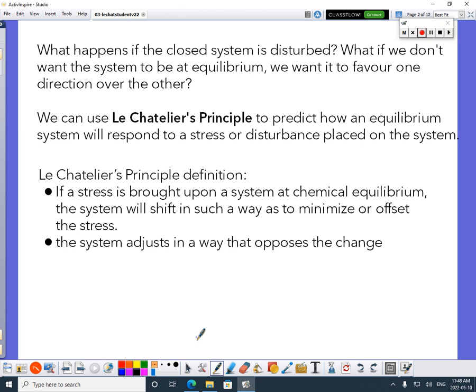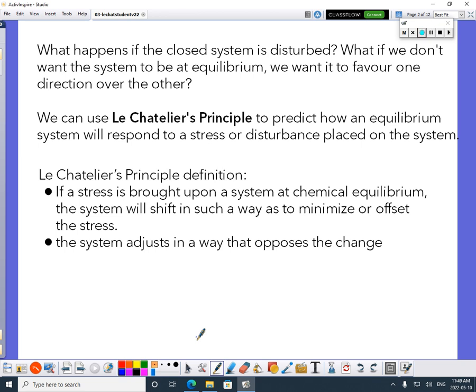Some sort of disturbance has happened, some sort of stress has happened. What is the equilibrium going to do? We can use Le Chatelier's principle. A principle implies that this has been proven. And again, tomorrow we are going to do a very, very simple procedure, and you will show how this works. It's very straightforward.